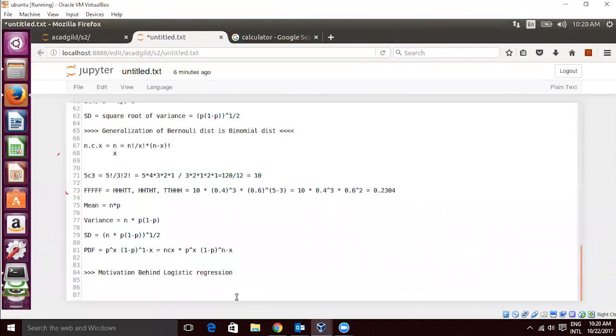Logistic regression is also a classification problem. It's classification in the sense that the outcome is either 1 or 0, or 1, 2, 3. It's not continuous, it is discrete. Simple. Let us take a very simple case as an example. Now we are discussing the motivation behind logistic regression.